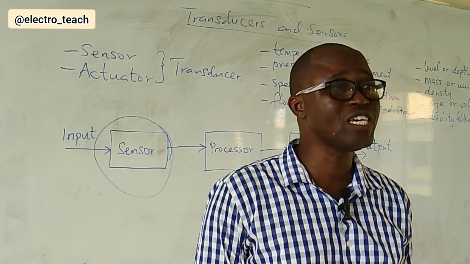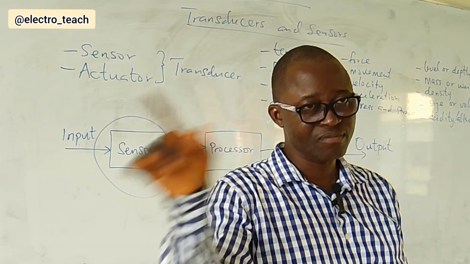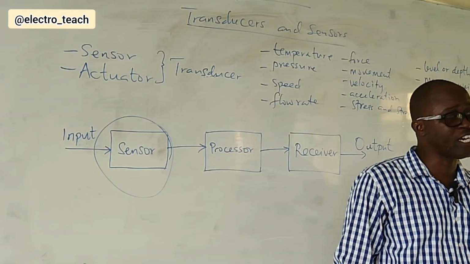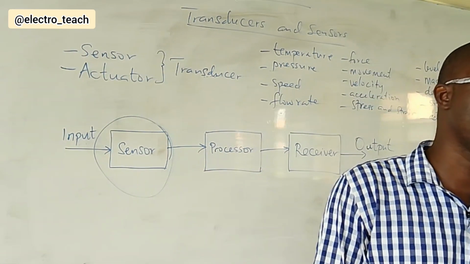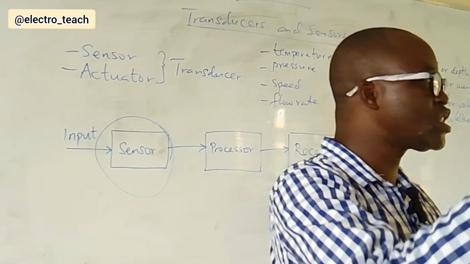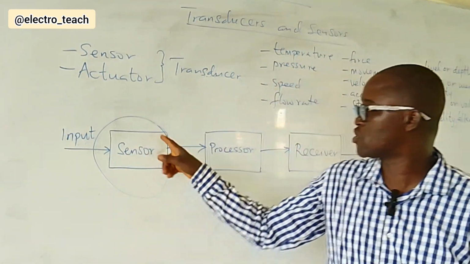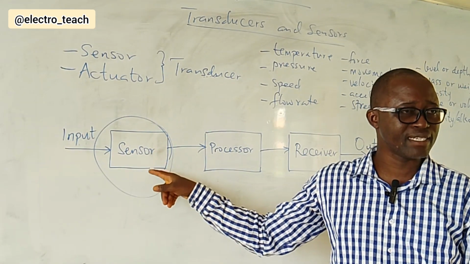It converts that heat energy into mechanical energy, kind of. Then to measure pressure, whether high or low, we can use a pressure switch. So all these switches that we mentioned are actually input transducers or sensors.